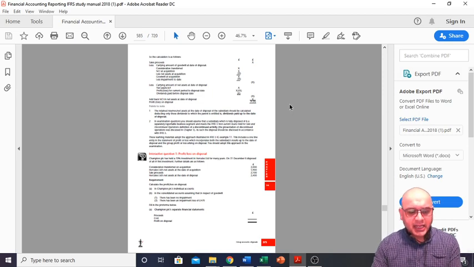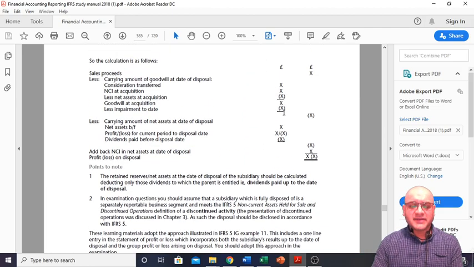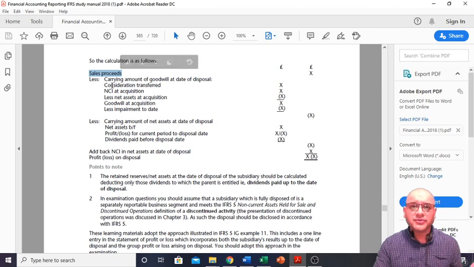And that is calculated in this fashion. In order to work out profit or loss arising on disposal for the entire group, not just the parent's individual financial statements, we need three things. We need sales proceeds, first of all, which is the same as we used for working out the parent's profit or loss.